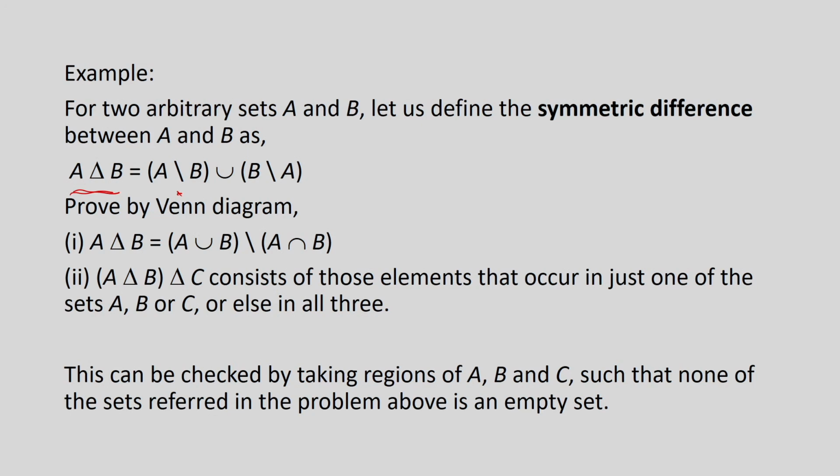Okay. So, let us try to check this. This can be checked by taking regions A, B and C such that none of the sets referred to in the problem above is an empty set.